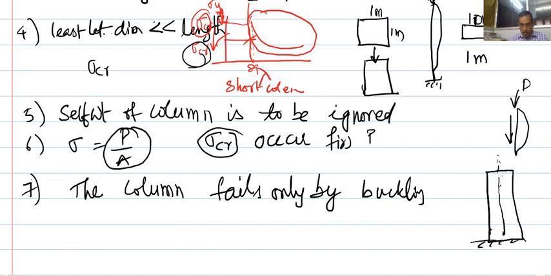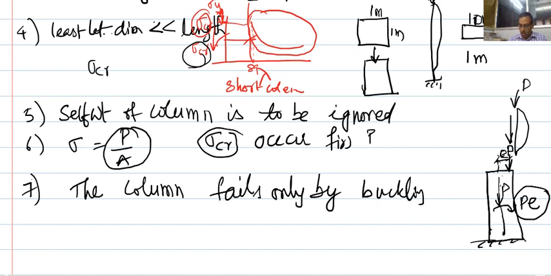Instead of applying the load from here, I apply, let us say, the load from here. So what happened? There is an eccentricity, right? Because of the eccentricity, I am applying a load on the column equal to P and a moment of P into e. So, I am applying a moment also. This Euler theorem will not work for this kind of column. That means there should not be any moment on the column, pure axial load only should be there.